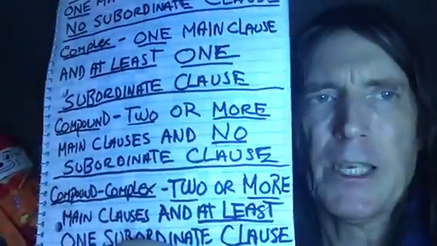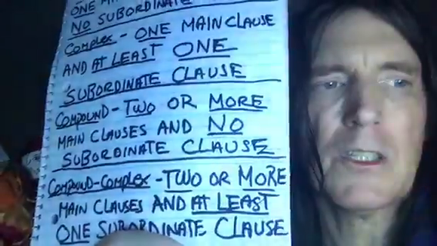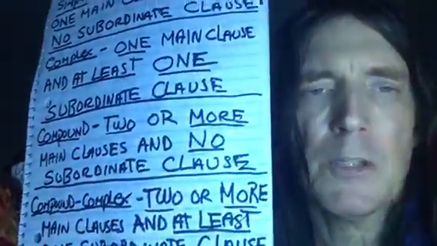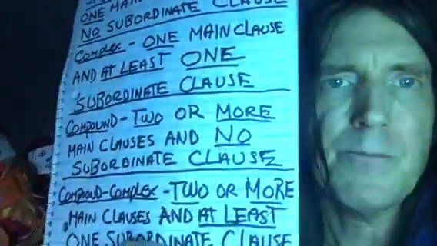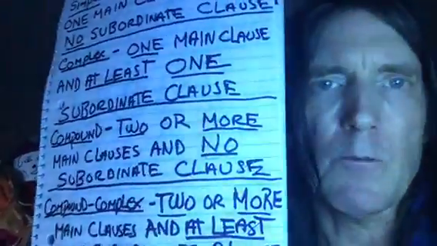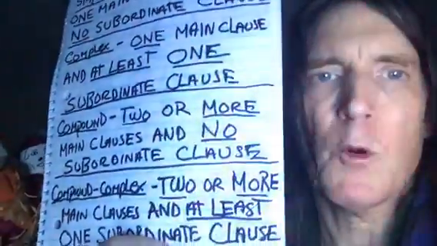Compound complex sentence now. That's just combining the compound and the complex over here. Compound complex means you can have two main clauses and at least one subordinate clause. So you can have two main clauses and two subordinate clauses, or three main clauses and one subordinate clause, or three main clauses and two subordinate clauses.